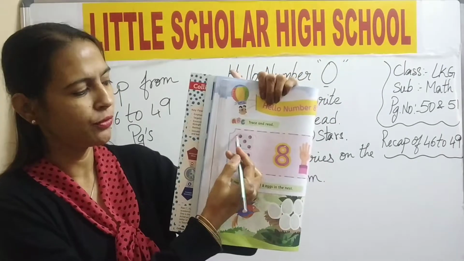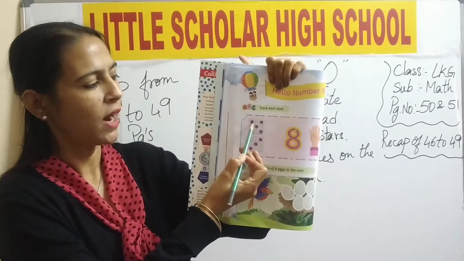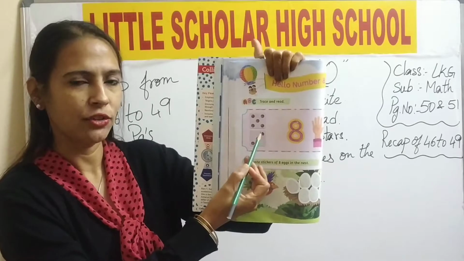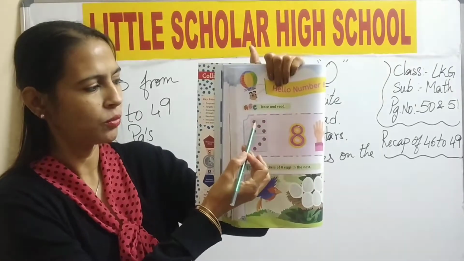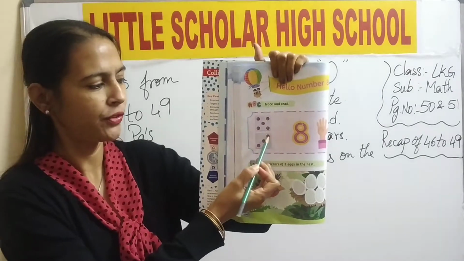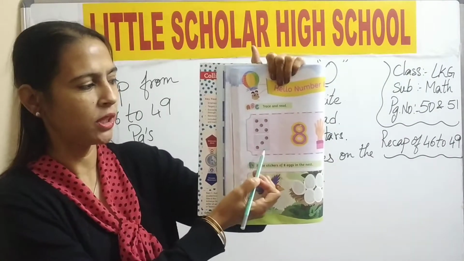Okay. So, in the first dice, how many dots do we have? Let us count. 1, 2, 3, 4, 5. And in the second dice, we have 1, 2, 3. So, altogether 1, 2, 3, 4, 5, 6, 7, 8. So, how many dots we have on both the dices?